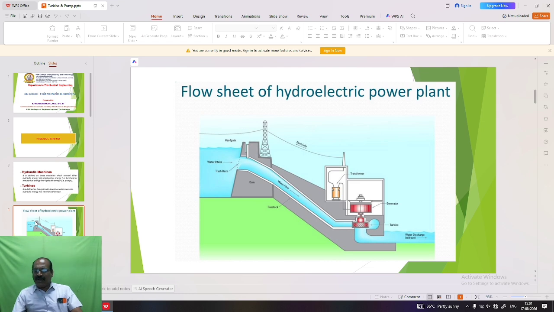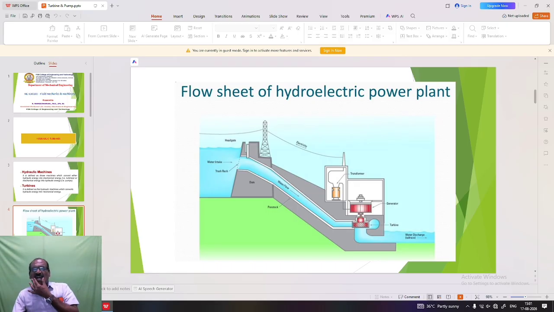Then the high kinetic energy of the water collides on the blades or vanes of a turbine, and thus the turbine rotates. The rotation is transferred to a generator, or electrical generator, to produce electricity.